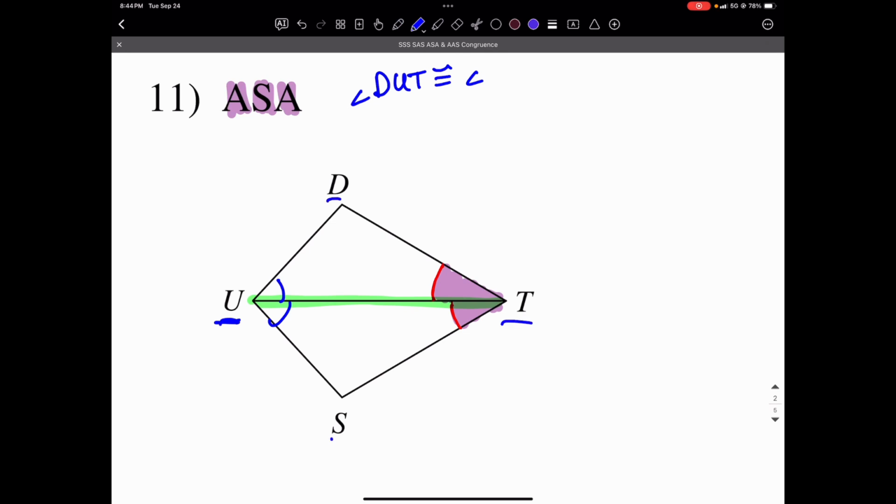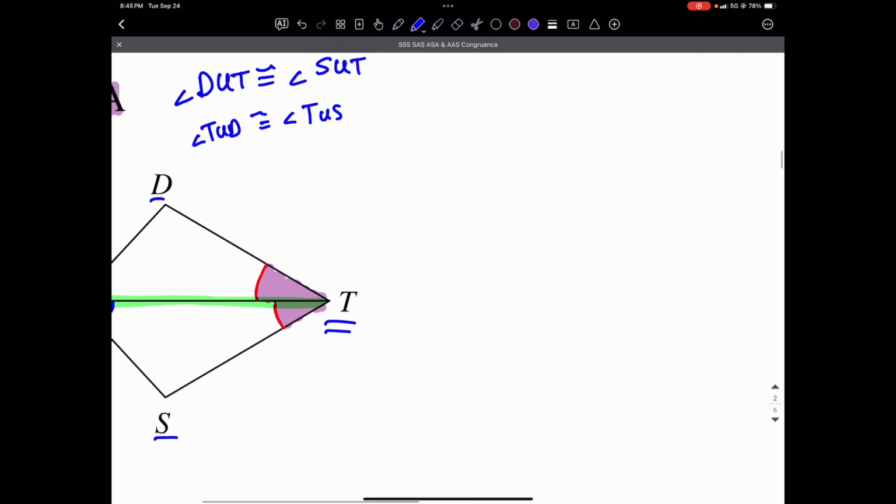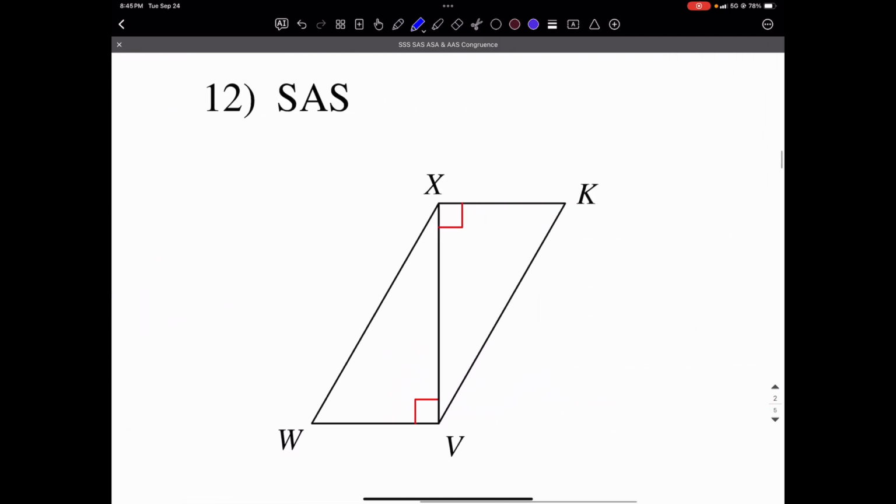So this time you would say SUT. Now you could also say angle TUD is congruent to angle TUS. You could do that also, but either way is good. If you did that, it would give you the angle side angle congruence you need.